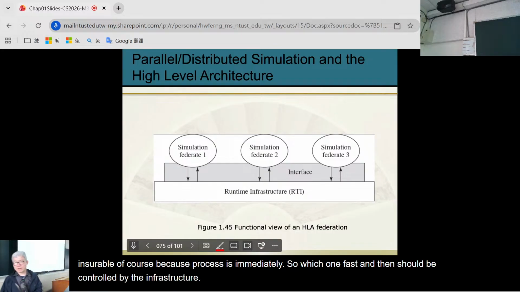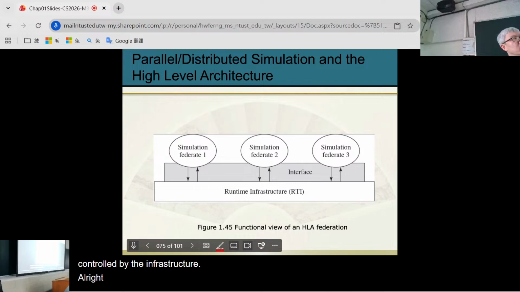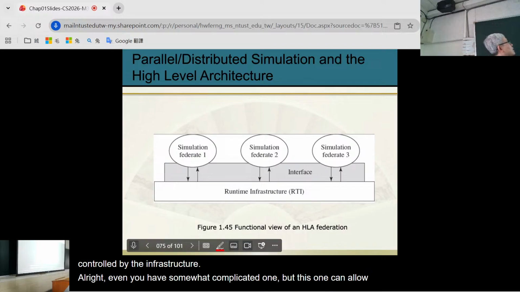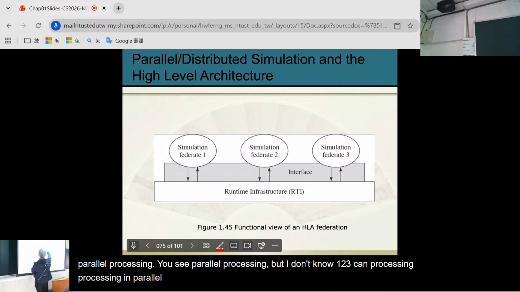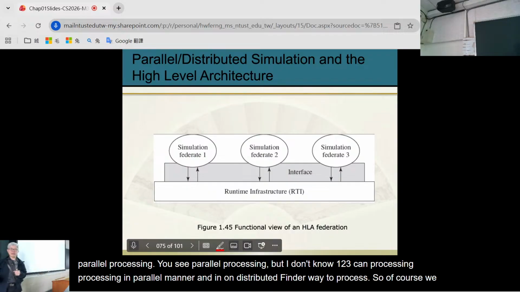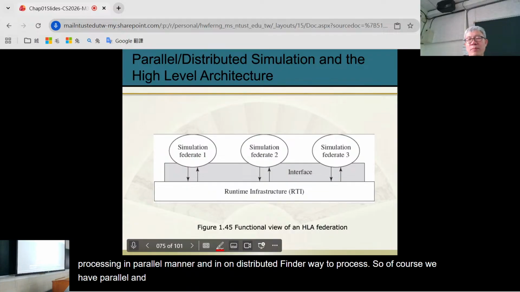Even if it is somewhat complicated, this architecture allows you to have parallel processing. You see, parallel processing: federates 1, 2, 3 can process in a parallel manner, and in a distributed way. So of course we have parallel and distributed simulation.